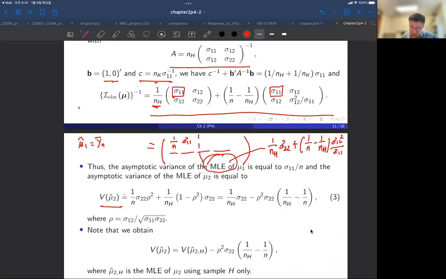Okay. So that is actually sigma 2 times rho squared, the correlation. So that gives this form, right? So you have sigma 2 rho squared 1 over n plus this.